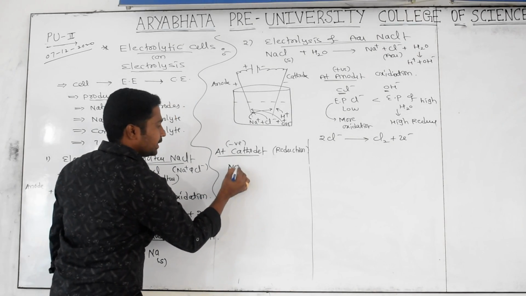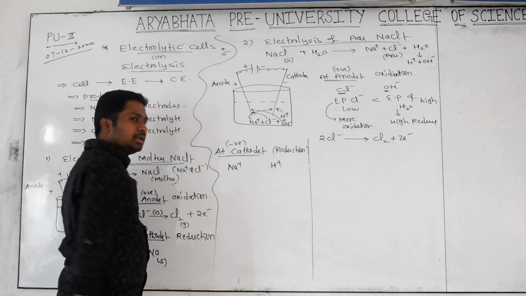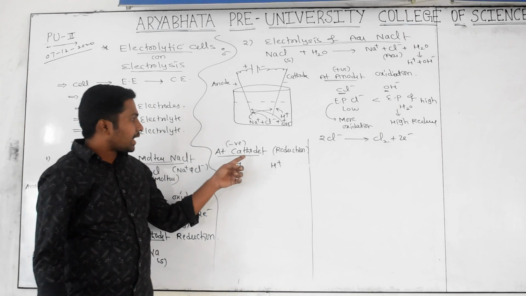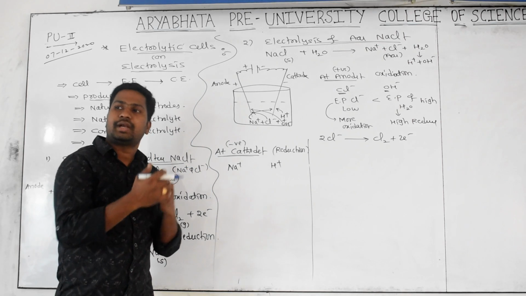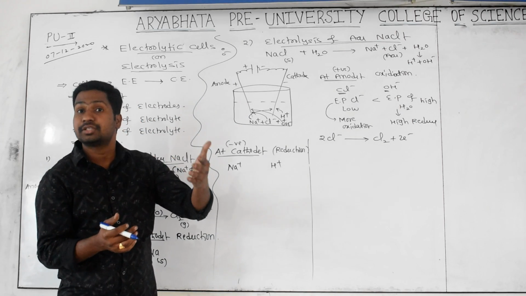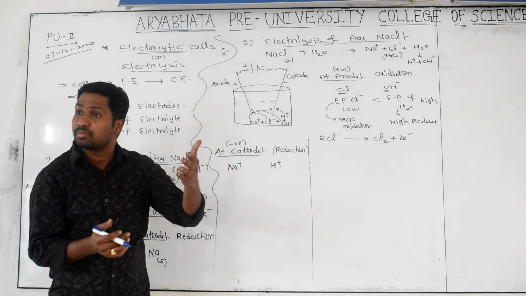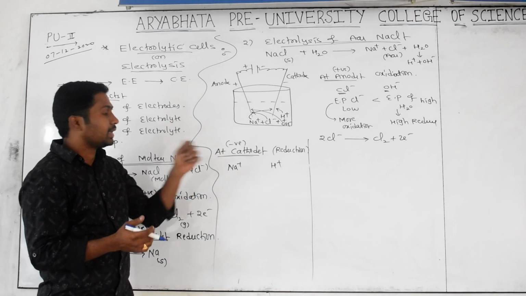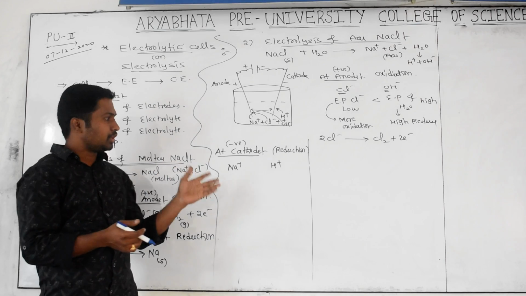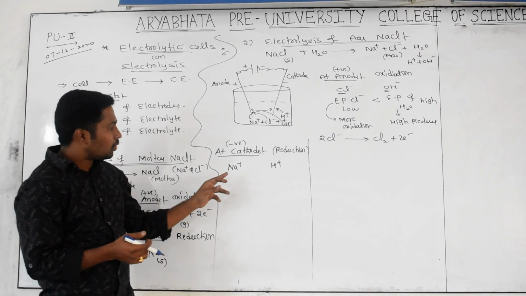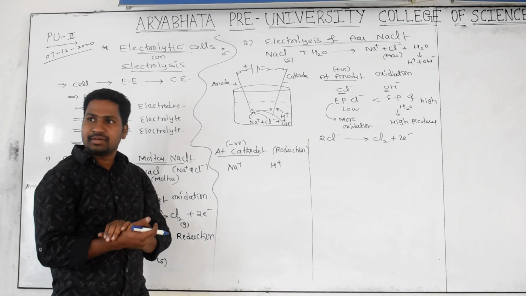Both will be there, Na plus and H plus. Generally at cathode, the species with high reduction potential values are more favorable for the reduction. Are both having the same reduction potential? Never, because one is sodium, one is hydrogen. Now, which is more favorable for the reduction?